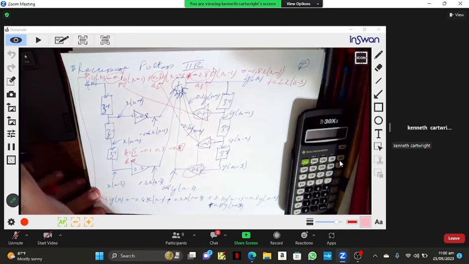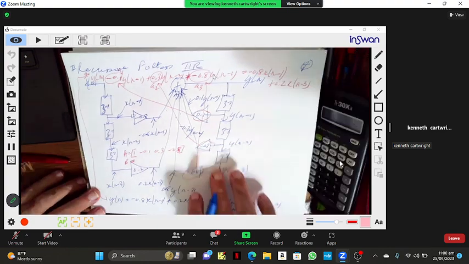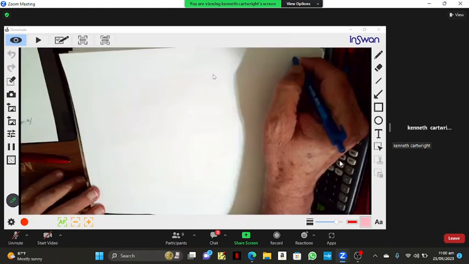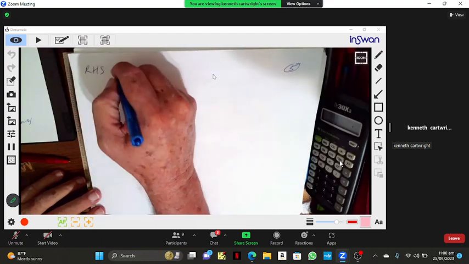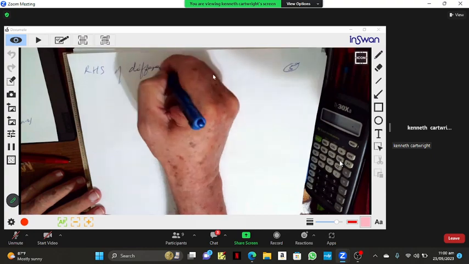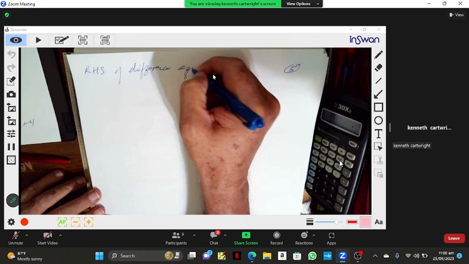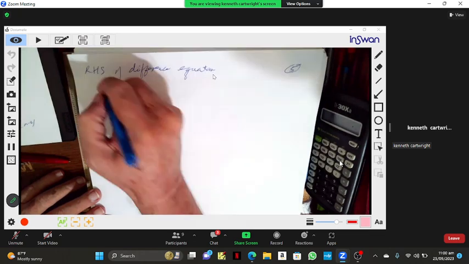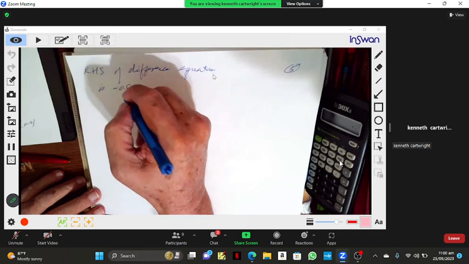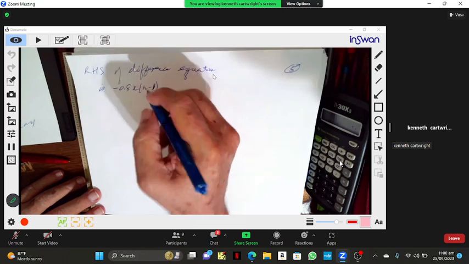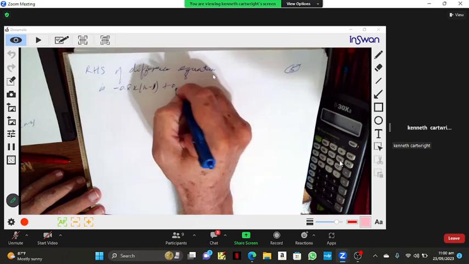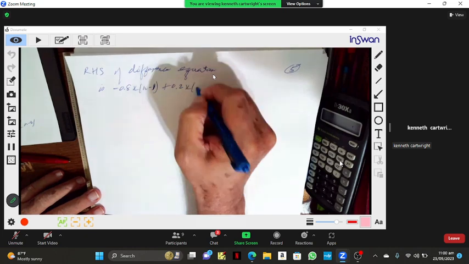Pay attention, please. I'm going to page 5 because this one's getting flooded. I'm just going to look at the right-hand side of the difference equation, which is negative 0.8 x of n minus 1 plus 0.2 x of n minus 3.